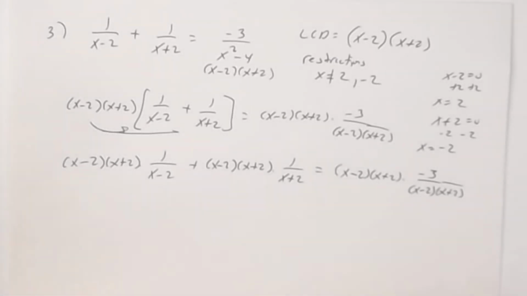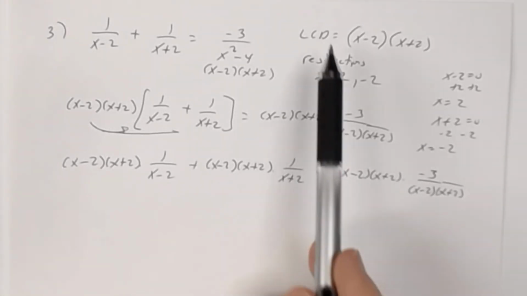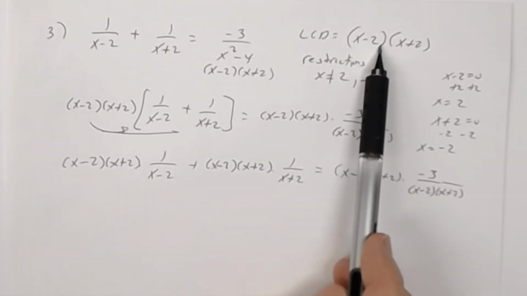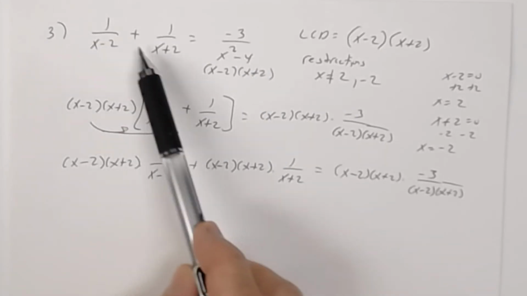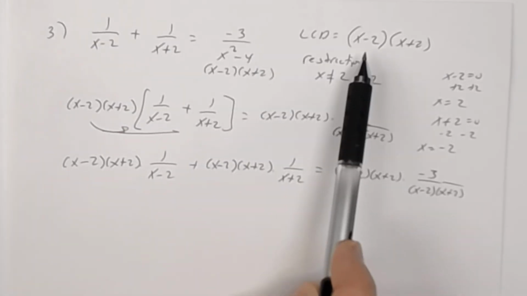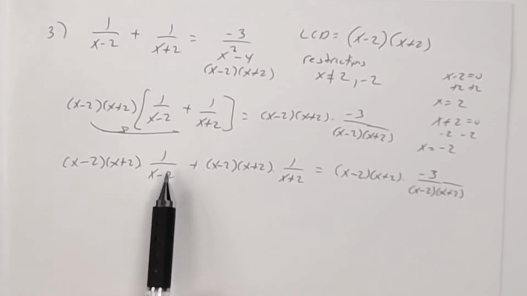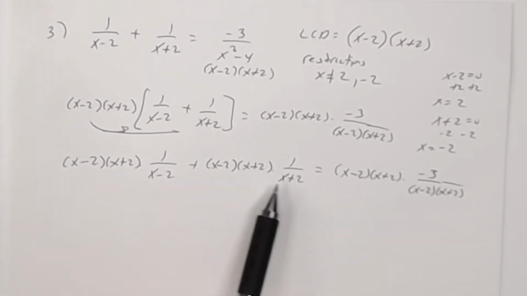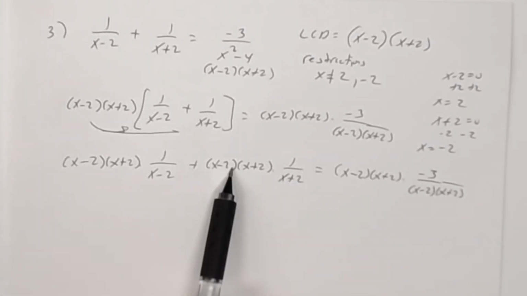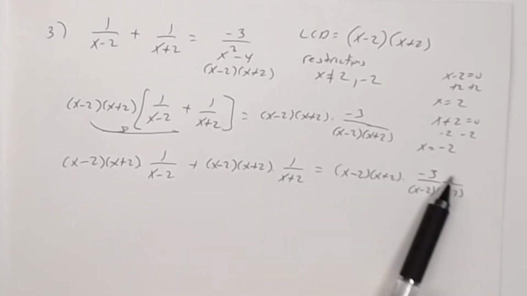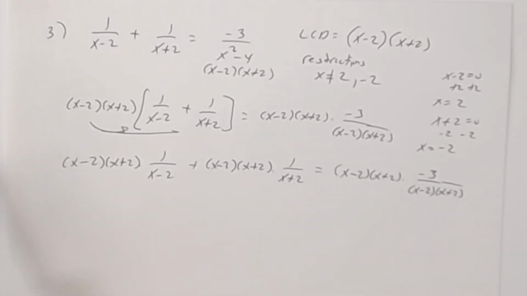All right, now just like we've been doing, the whole point of multiplying every term by the least common denominator, you see that this is being multiplied by the least common denominator, this is being multiplied by the least common denominator, and this is being multiplied by the least common denominator.